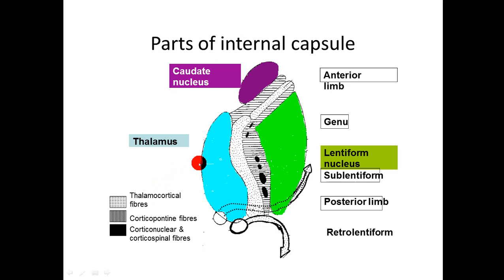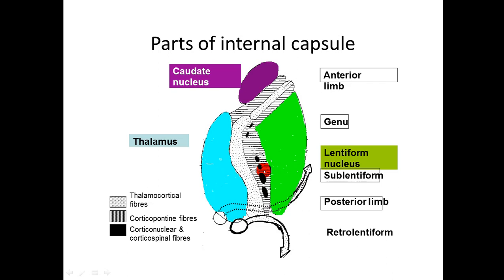These are the fibers running from the thalamus to the cortical areas, thalamocortical fibers, and the fibers here, the line fibers going from the cortex to the pons, are called corticopontine fibers. And then you can see fibers which are marked like this. These are called corticonuclear or corticospinal fibers.